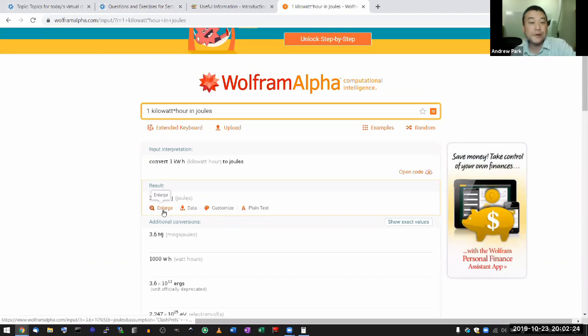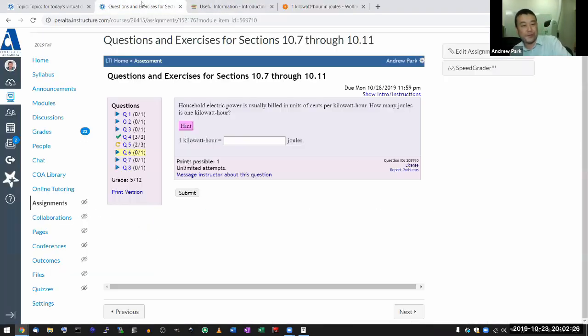That's going to be the correct answer, but let's go through it so that we know how to do this by hand. Let me start by writing out this 1 kilowatt hour. So 1 kilo is times 10 to the 3 watt times hour. And this is where your knowledge of the interrelationship between units is important.